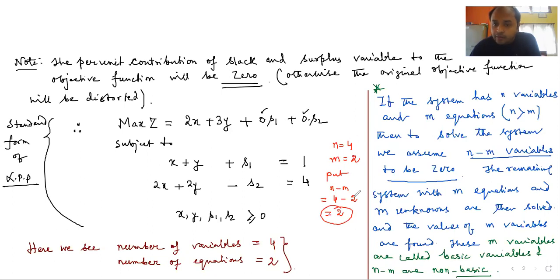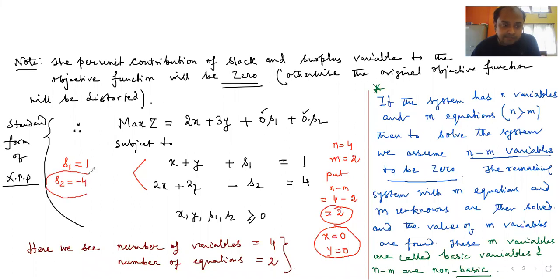Now let us try to put the original variables x and y to be 0. Original variable x is equal to 0 and original variable y is equal to 0. I'm treating these variables as non-basic variables initially. If I do so, from this system we get s1 is equal to 1 and s2 is equal to minus 4.